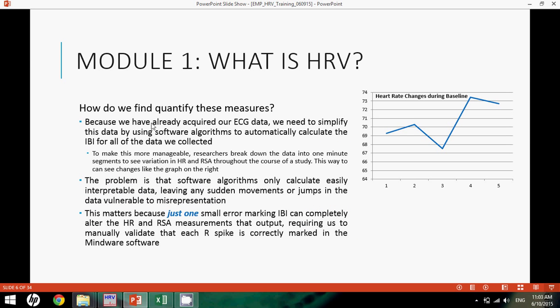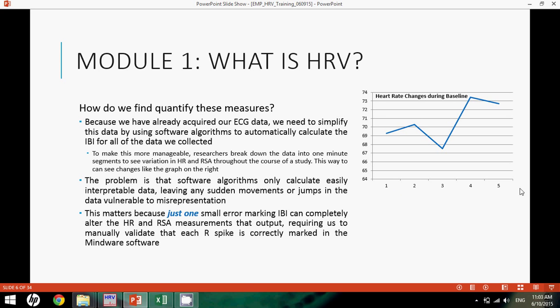So how do we quantify these measures? Basically, what we need to do is look through ECG data and try to simplify that data by looking just at the R spikes, and by gathering information on the R spikes, we can see how much variability there is in each minute of the data. So we're interested in looking at all the R spikes and then looking at the means of those differences over each minute of the data that we have.